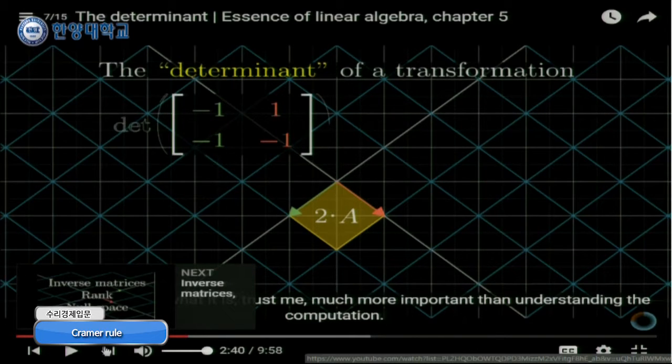It changes the space, and that one unit area becomes another size. So the determinant is the scaling factor, the changing size of a unit area.